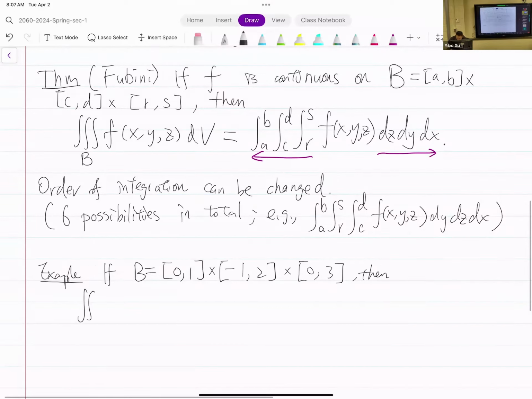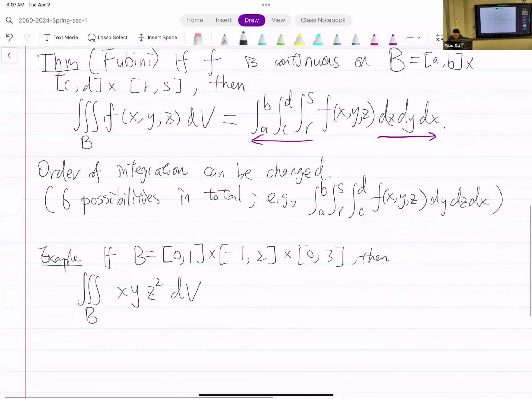If you want to calculate the triple integral over this solid box B for the polynomial function x y z squared dV, this is a polynomial, so of course it's continuous.